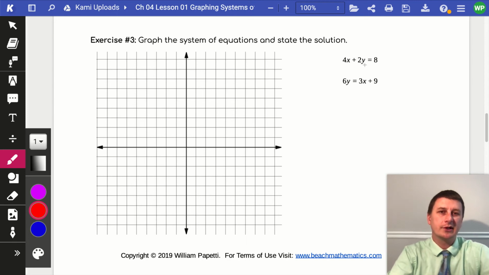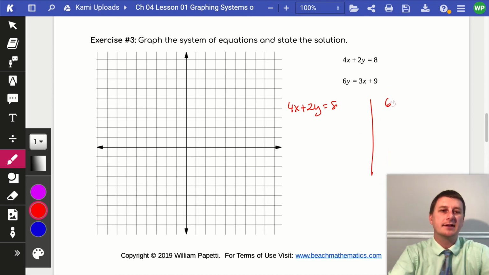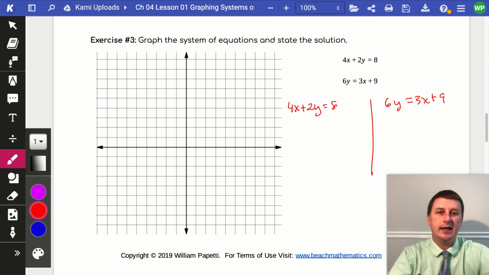So the first thing we're going to start off by doing is putting both of these equations in slope-intercept form. So I'm going to rewrite 4x plus 2y equals 8 here, and I'm going to rewrite 6y equals 3x plus 9 over here. And I'm going to isolate y for both of these equations. Over here on the left side, I'm going to start off by subtracting 4x to get that 2y by itself.